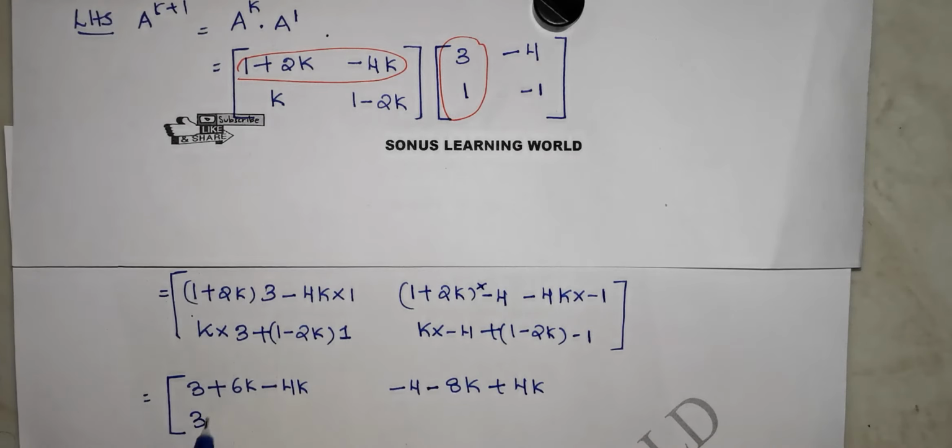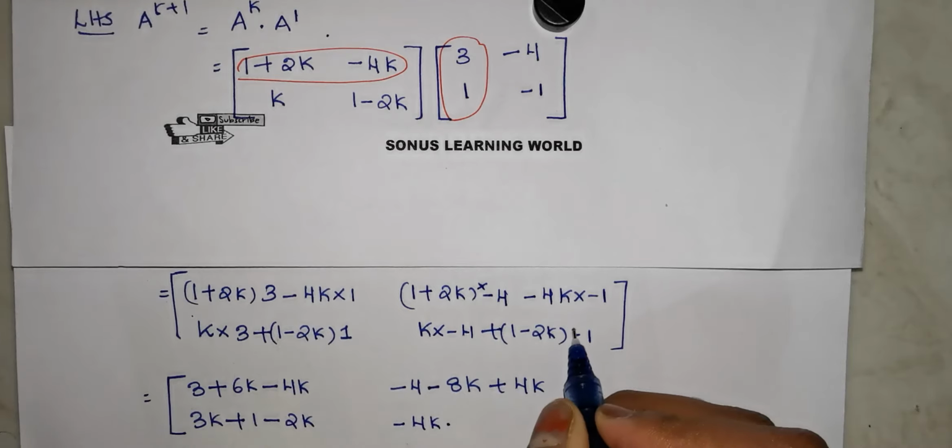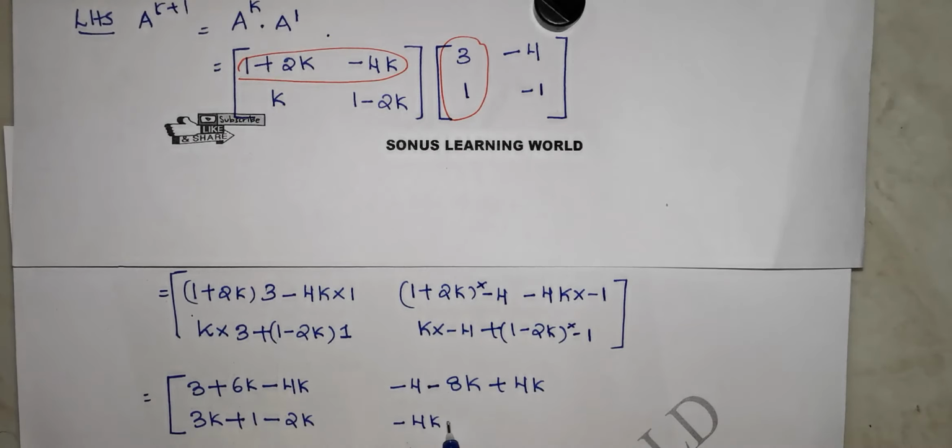Here 3k plus 1 minus 2k. Here minus 4k, and multiplication gives minus 4k minus 1 plus 2k. That's it. Next, let me simplify this.